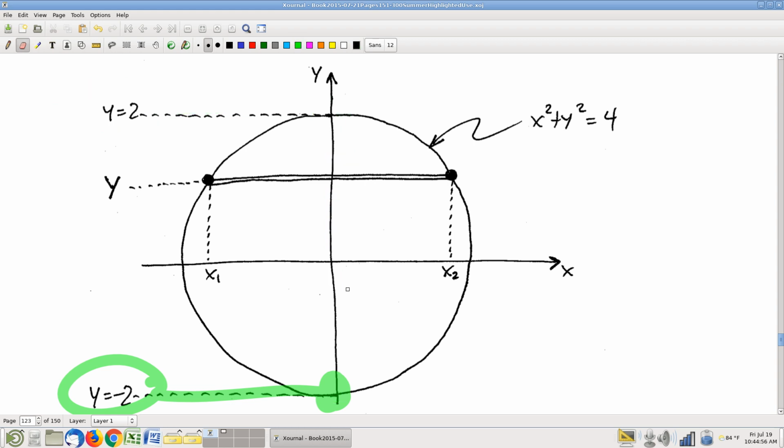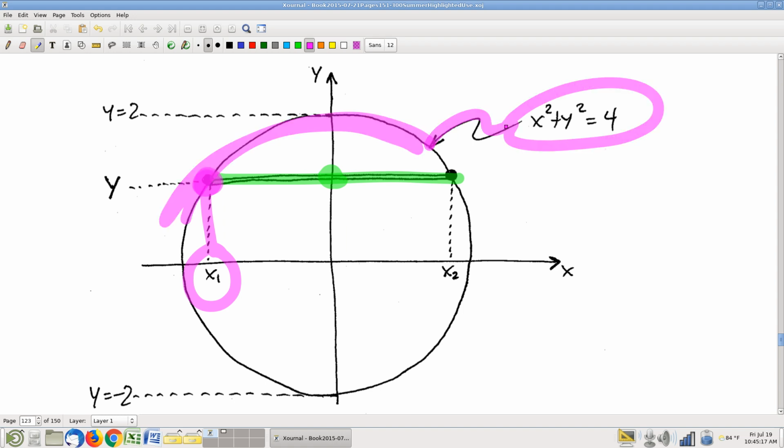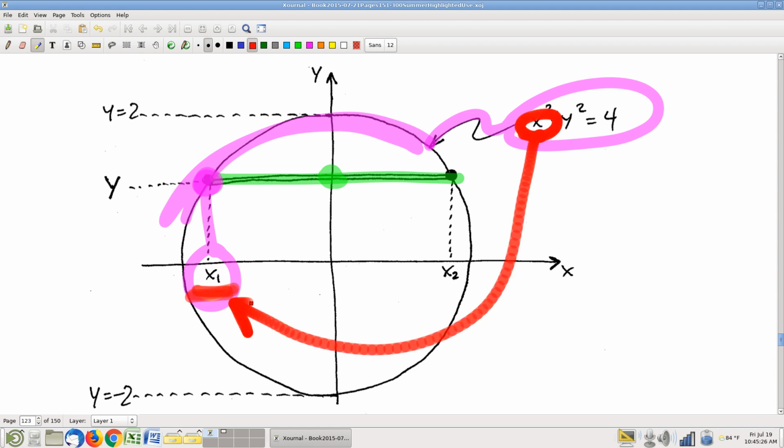And then, looking at a particular value of y, somewhere between negative 2 and positive 2, on that value of y, what's the range of values of x? Well, the lower bound is determined by that point, which is on that curve, which we agreed has this equation. Solve for x. Keep in mind, the reason you solve for x is because I'm trying to find an x bound. So you solve for that x right there. Okay. Likewise for the upper bound.